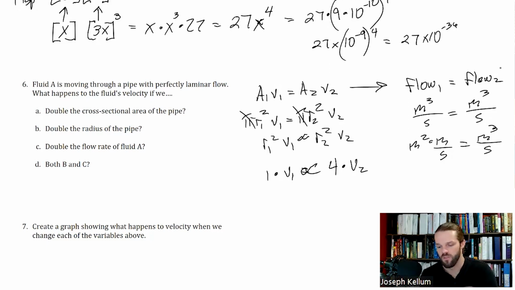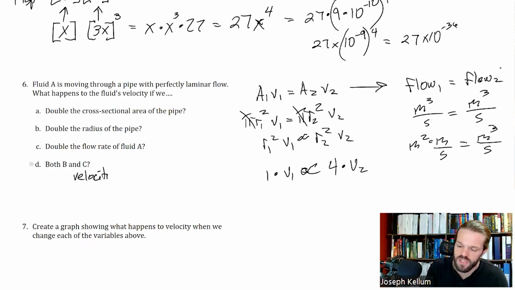And so your overall result for sub-question D would be that velocity would decrease by a factor of 2, or you could say decrease 50%, or be cut in half.